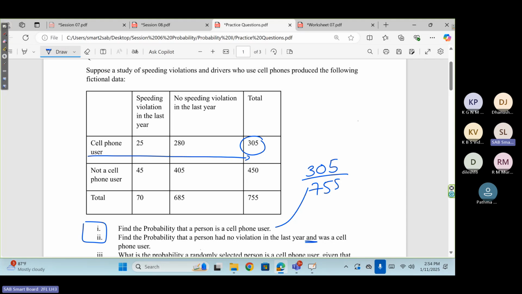It means these two events occur simultaneously, so joint probability occurs. Had no violation, it means this one, and the cell phone user. Then how many? 280. Then the answer is 280 over 750.